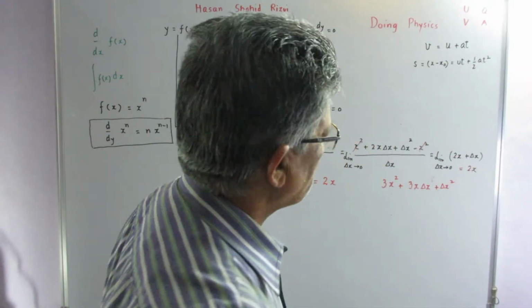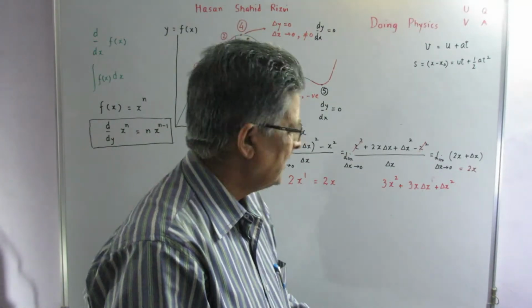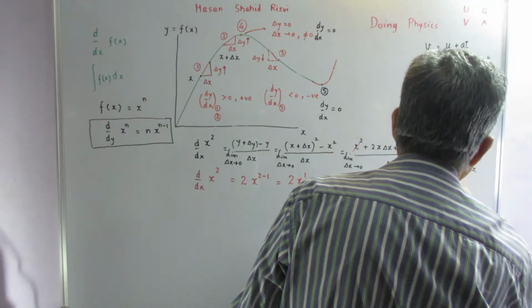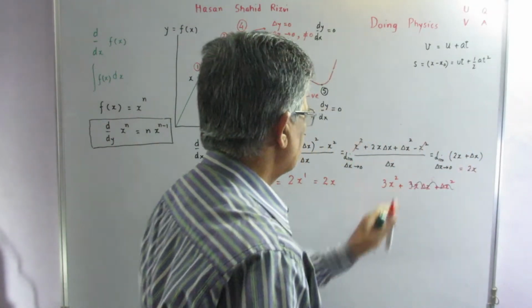And naturally, when I put the value of delta x as equal to 0, these terms vanish, and what is left is 3x square.